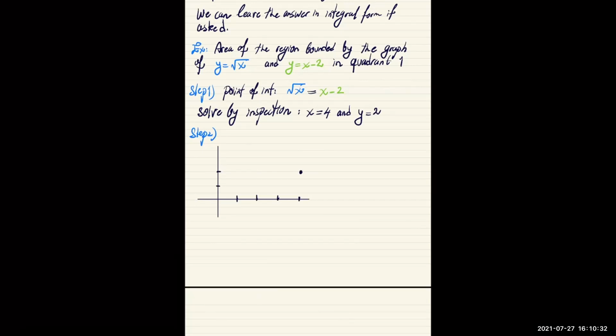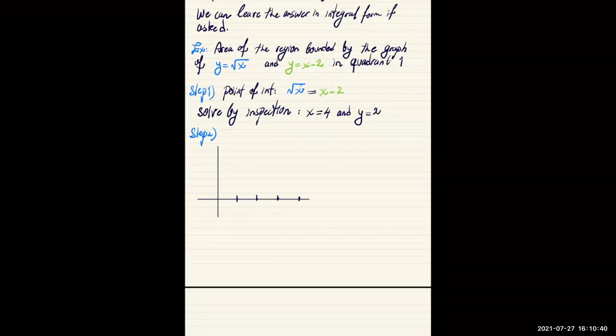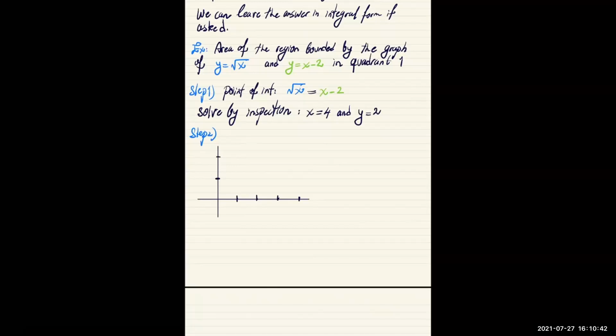Okay, and here is the graph. Let me make the y values a little bigger. Professor, if we solve the equation equal, we will get the 4 also, or no?